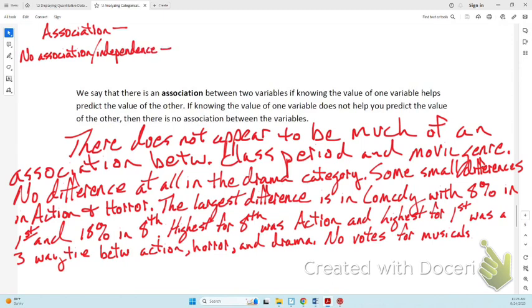So if there's an association, distributions of one variable are different, that is the key right there, different across categories in the other variable.